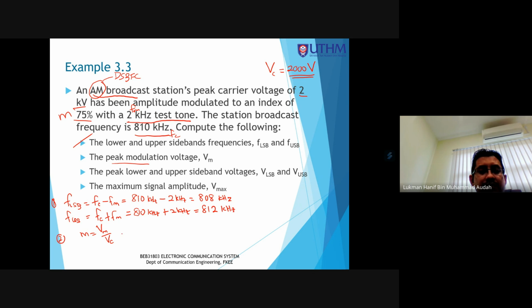So therefore, VM is equal to M times VC. So this is 0.75 multiplied with 2000. So you will get the value equal to how much? 0.75 times 2K, so 1500 volt.